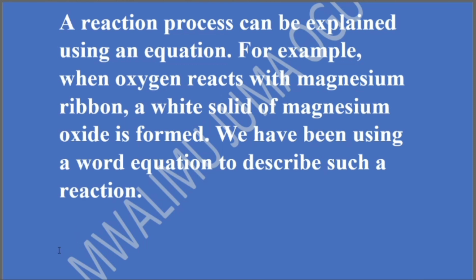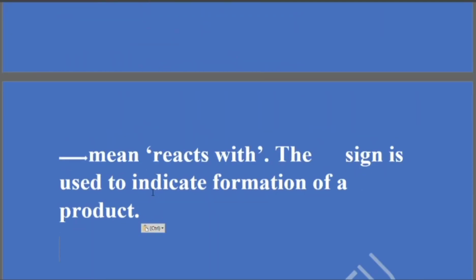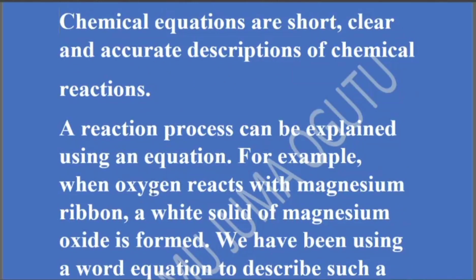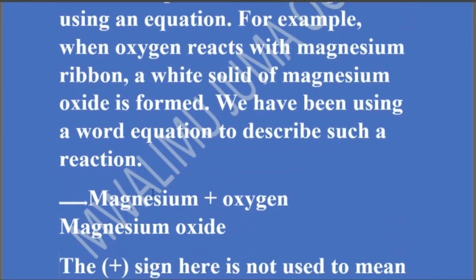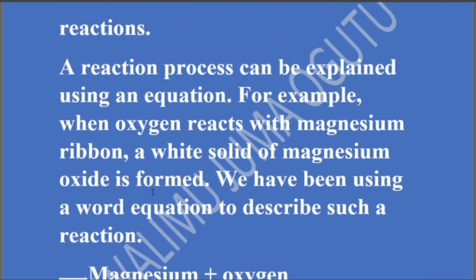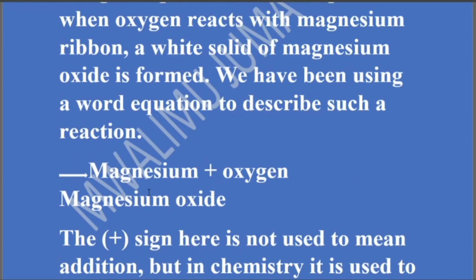But now, after having seen how we can write it using words, we want to use the symbols to write such an equation. So we are giving an example of a reaction between oxygen and magnesium ribbon.